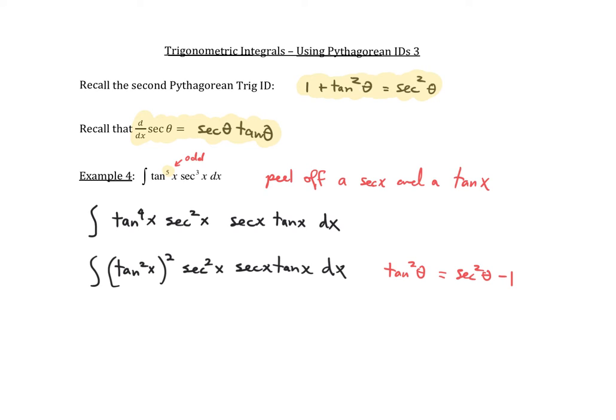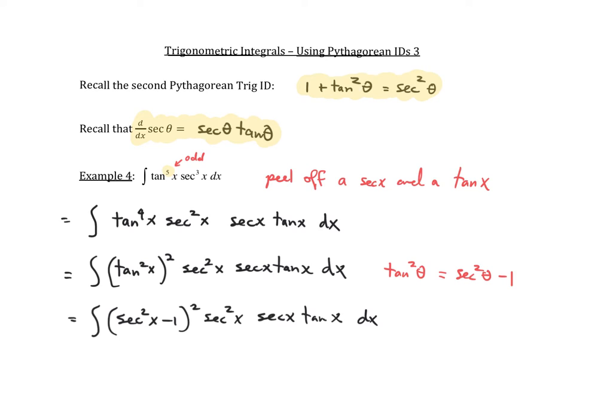And my integral now, when I apply that trig identity, is going to be the integral of secant squared x minus 1 quantity squared times secant squared x times secant x tangent x dx.